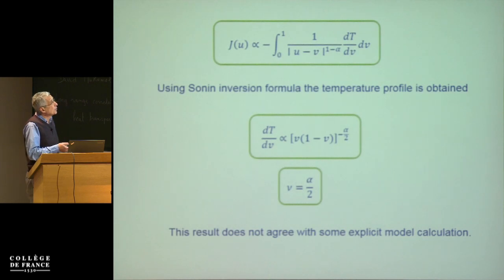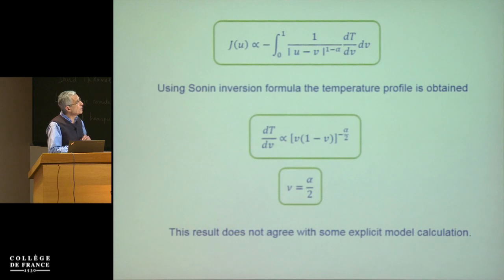Which means that the temperature gradient at the two ends diverges, as I said before, with a power law of alpha over 2, because near v equal to 0, dT/dv goes like v to the power minus alpha over 2.